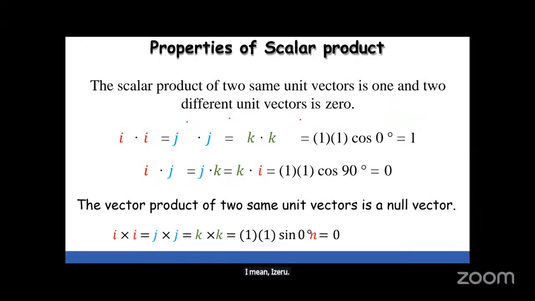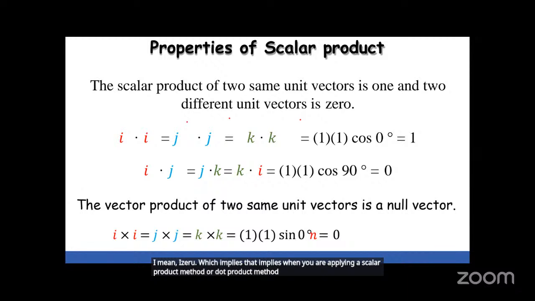This implies that when you are applying the scalar product or dot product method to multiply two vectors, you can only multiply by their components.